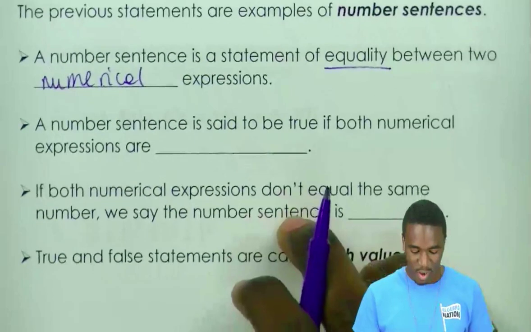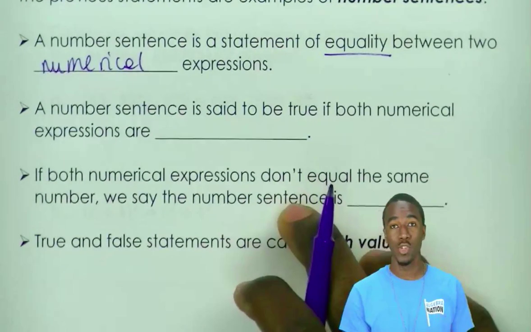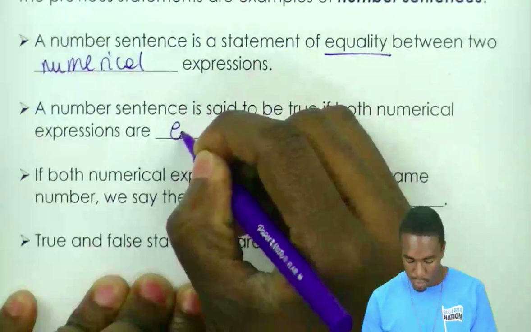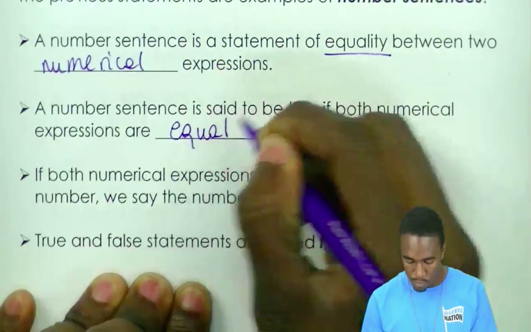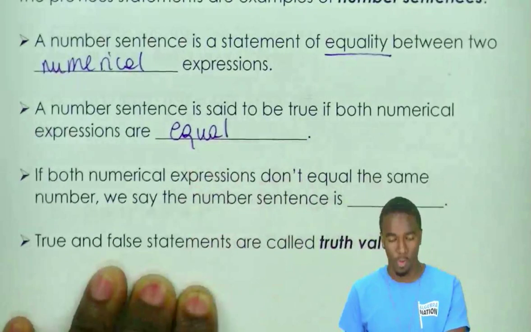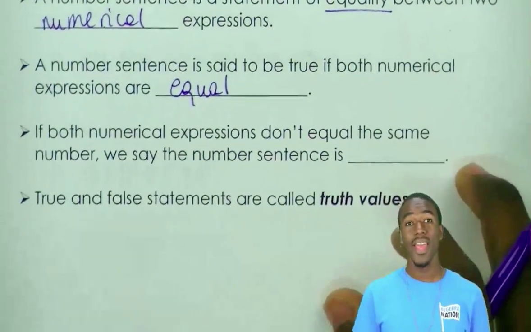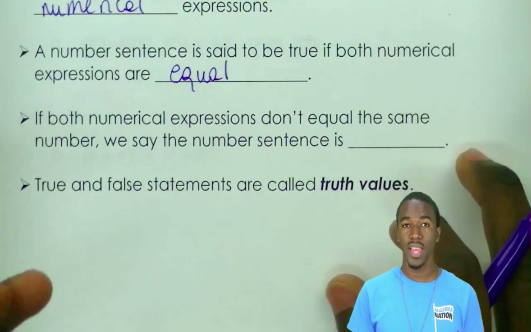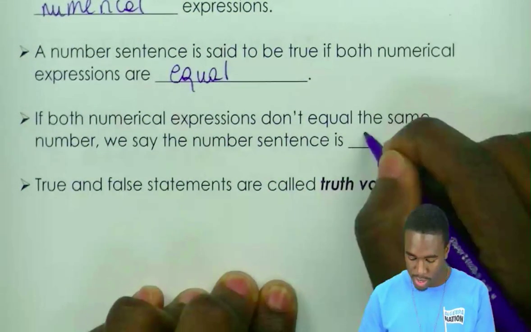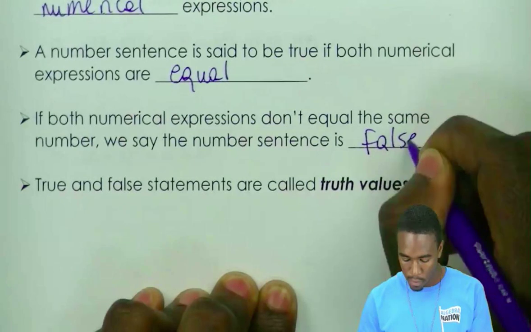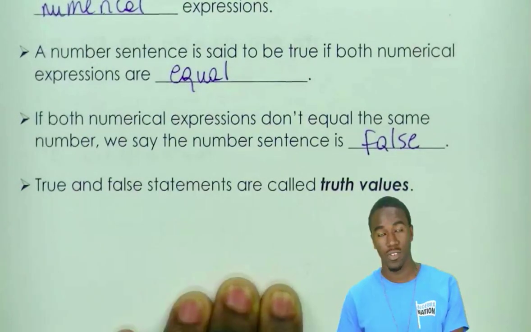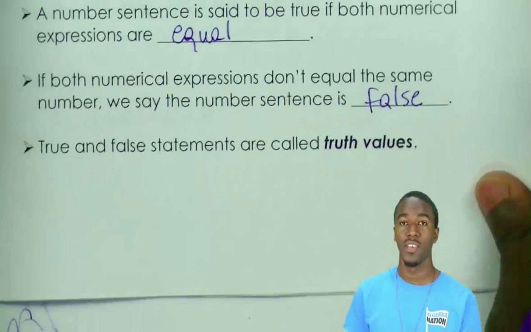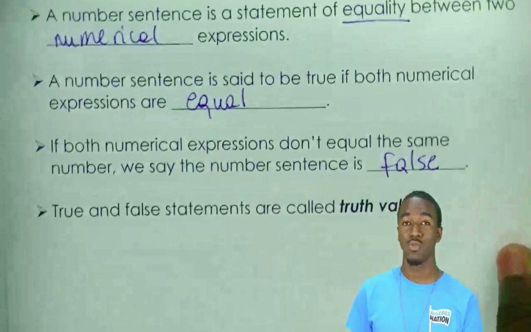So a number sentence is said to be true if both numerical expressions are what? If they are both equal. That's the main term here. Now, if both numerical expressions don't equal the same number, we have to say that the number sentence is not true, but false. True and false statements are called truth values. You've got to be telling the truth.